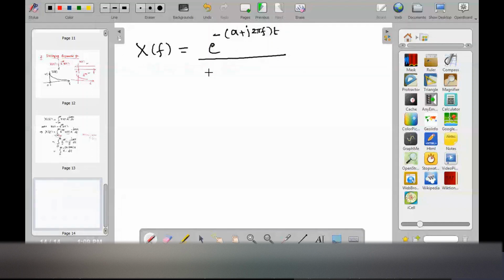The differentiation of minus a plus j 2 pi f t with respect to t will become minus a plus j 2 pi f. I take this common, and the limits are 0 to infinity.